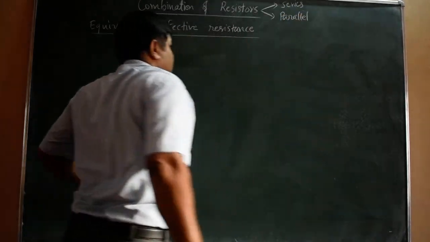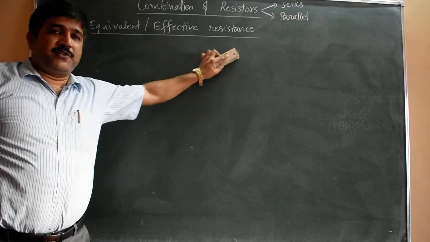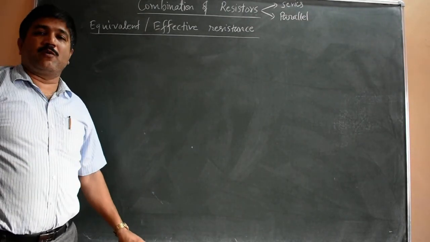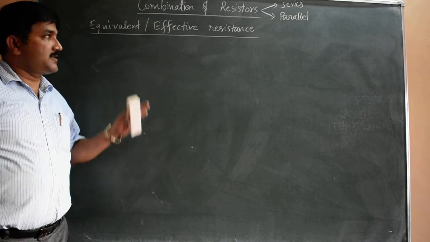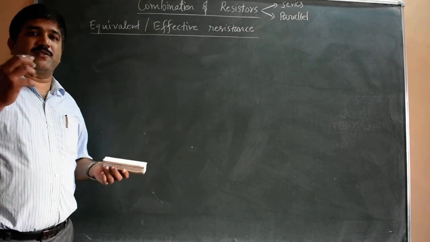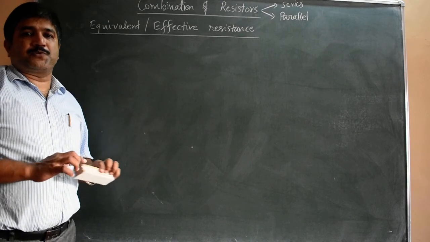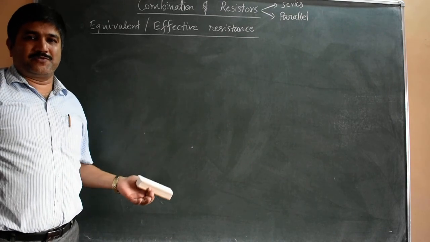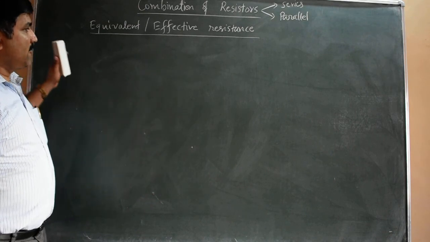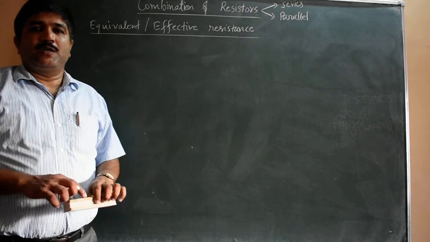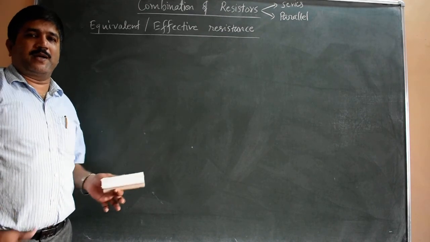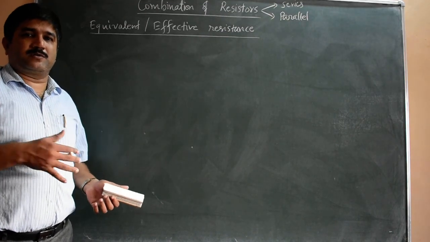First let me define the term effective resistance or equivalent resistance of a combination. It is the resistance of a single resistor which produces the same effect as the combination produces. If you have a number of resistors, they produce a certain effect in the circuit: for a certain applied voltage, some current will flow.